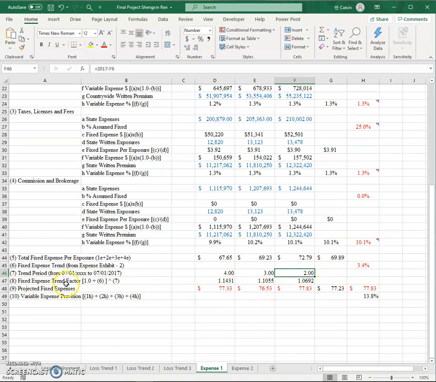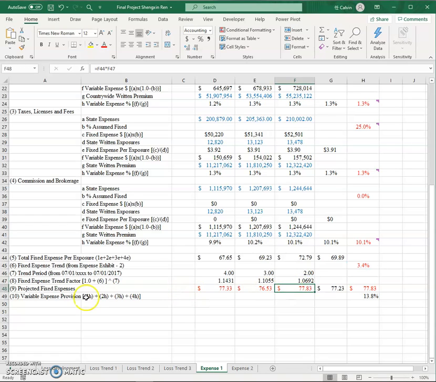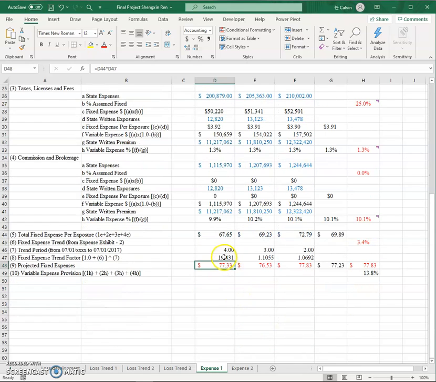As for the fixed expense trend factor, this one, we use 1 plus the fixed expense trend and to the trend period, and we get the factor. Same for the rest. For the projected fixed expense, we just use the total fixed expense per exposure of each year times each year's factor.